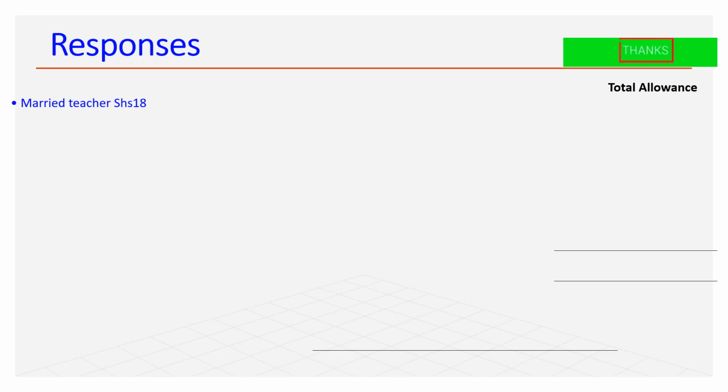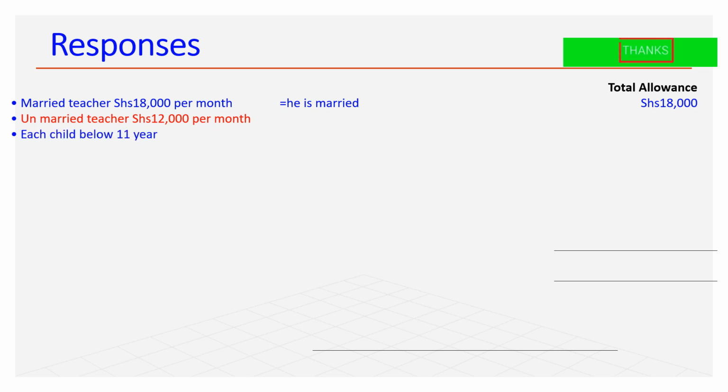The marriage allowance: since the teacher is married, he gets that amount. Remember, he's not unmarried, that's why I used the red; it's not applicable, so we shall not consider that money. Each child below 11 years: remember he has one child below 11 years, taking 5K.